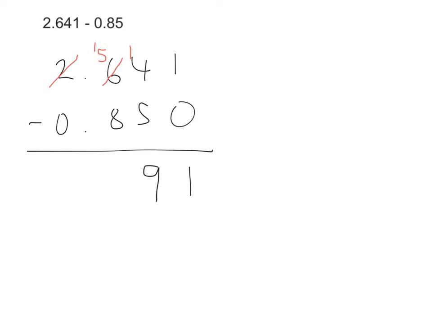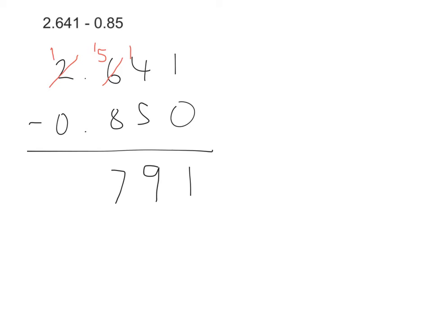So now the 5 turns into a number 15. And making sure we remember to put in what's left on that side, which is 1. So 15 minus 8 is 7.